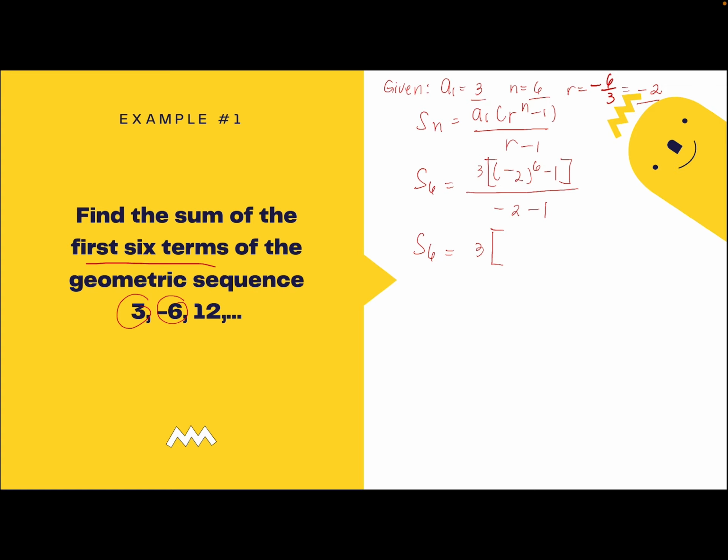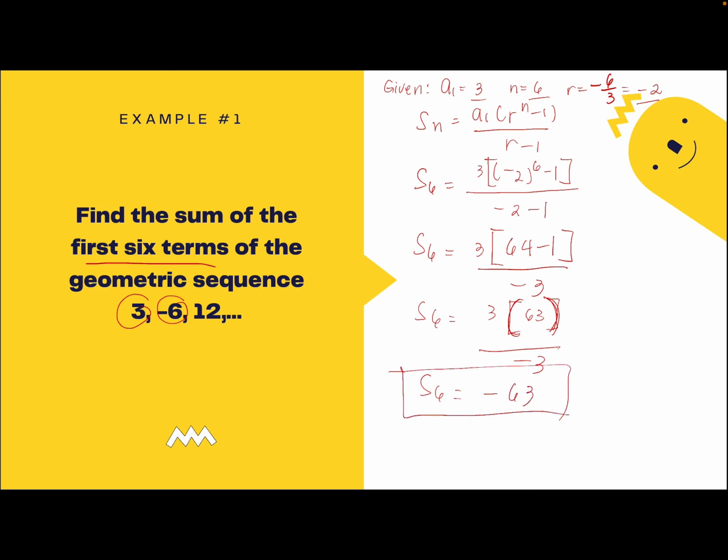So we got 64 minus 1 all over negative 3. Simplifying, 64 minus 1 is 63, so we have 3 times 63 all over negative 3. S sub 6 is 3 times 63 divided by negative 3, which gives negative 63. Therefore, our sum of 6 terms is negative 63.